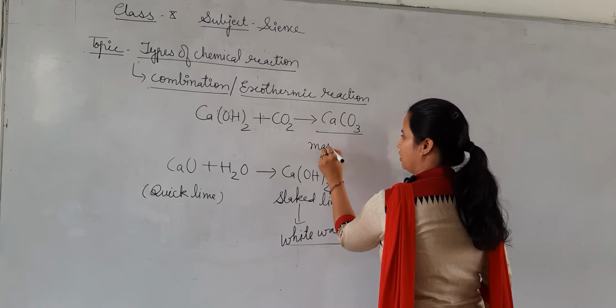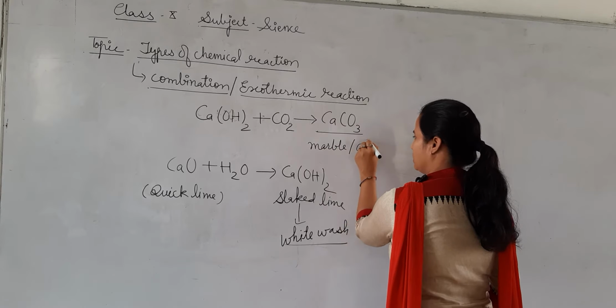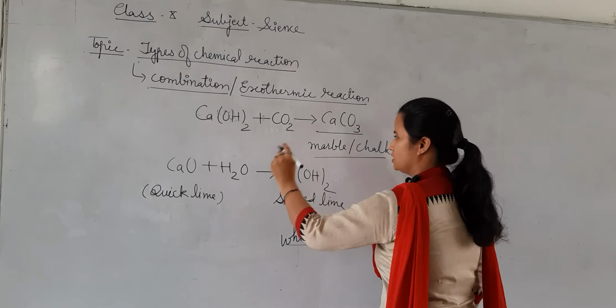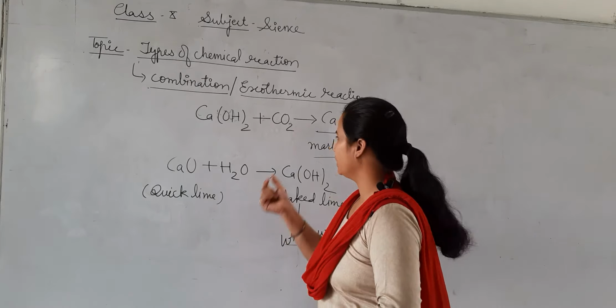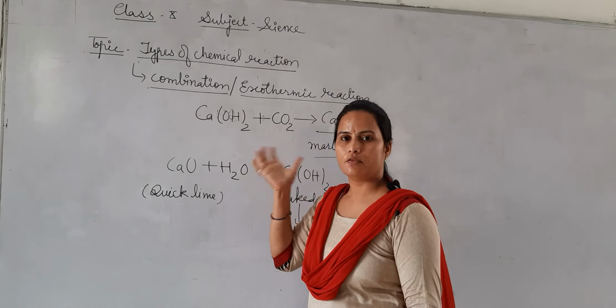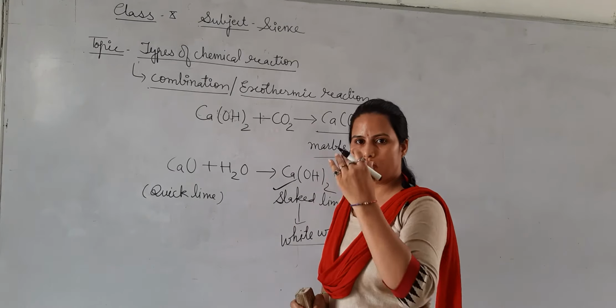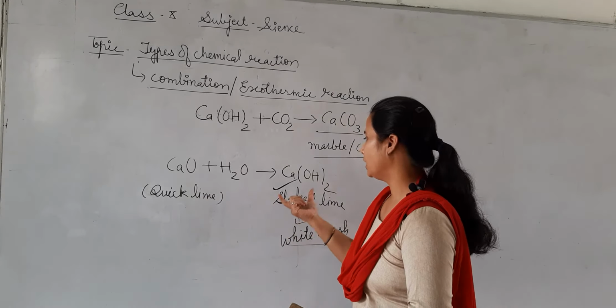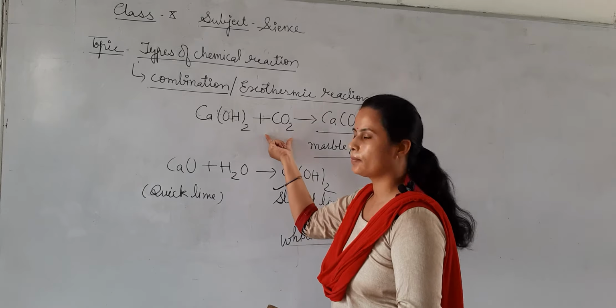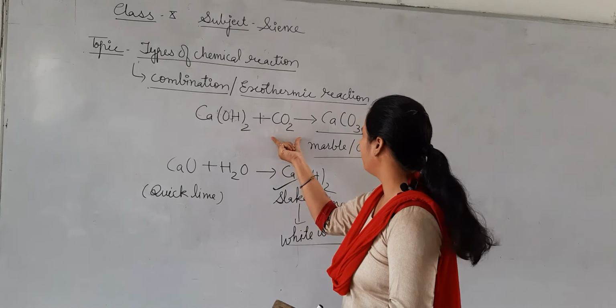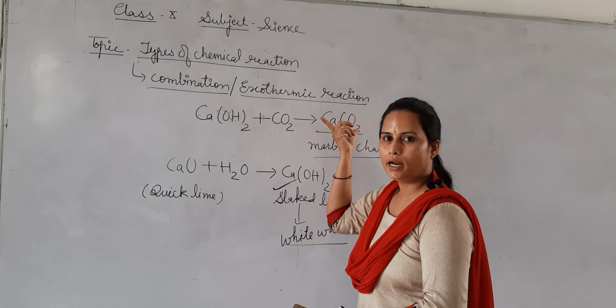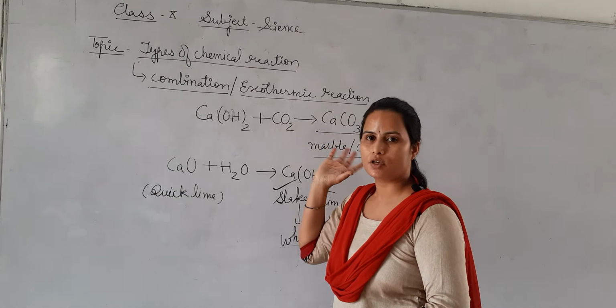It is the common formula of marble and chalk. Calcium carbonate gives a shiny surface on the wall. Calcium hydroxide is used on the wall for whitewash, and when this whitewash reacts with atmospheric CO2, it forms calcium carbonate and gives a shiny surface on the wall.